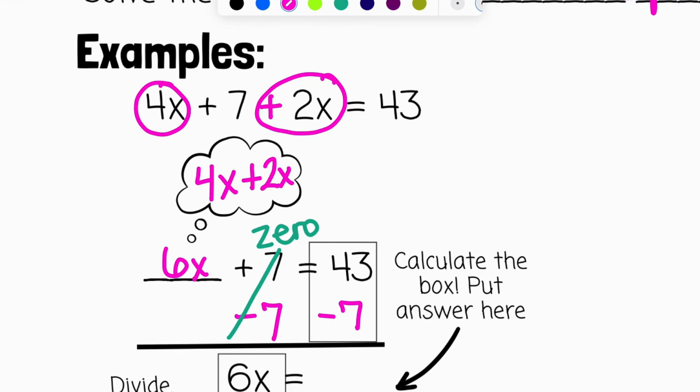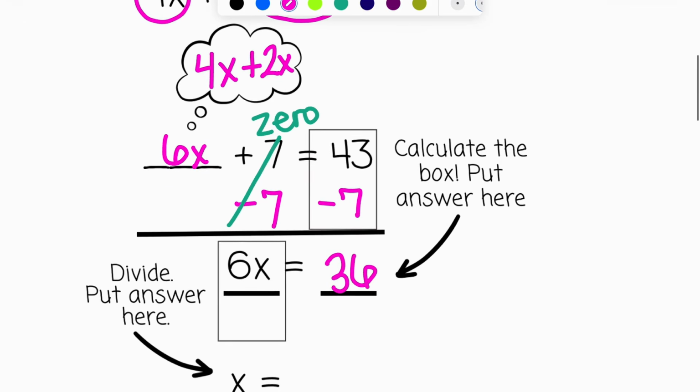Okay, so I bring down my 6x, and then I do 43 subtract 7. I calculate that and I get 36. So now I've got 6x equals 36. 6x is multiplication, and the inverse of multiplication is division. Okay, and the little rhyme that I teach to kind of remember that is the 6 and the x are side by side.